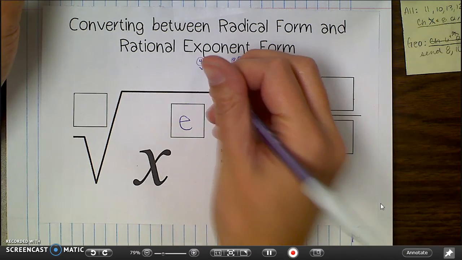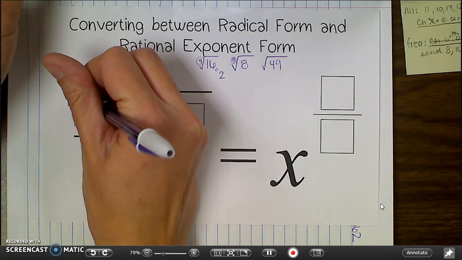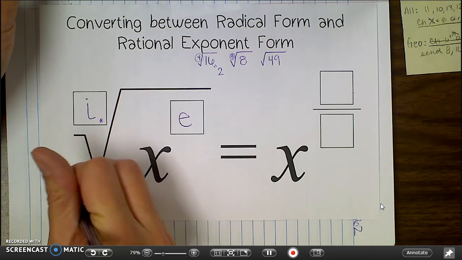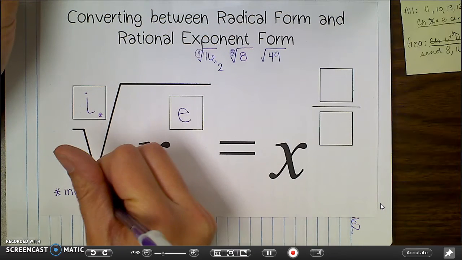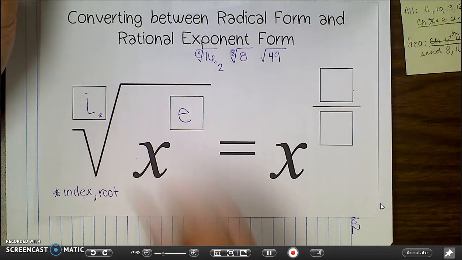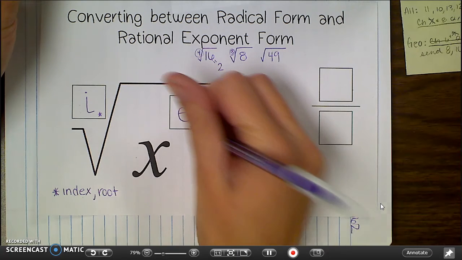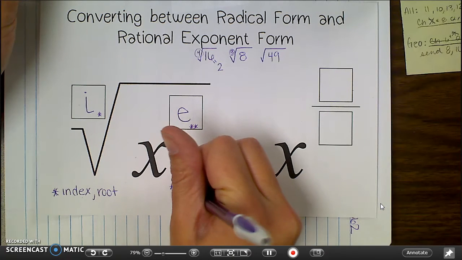That little number also has a name. We're going to put I because it's known as the index. Or sometimes I'll call it the root. Okay, this little number right here, we can do double star. We want to remember that that is called the exponent.